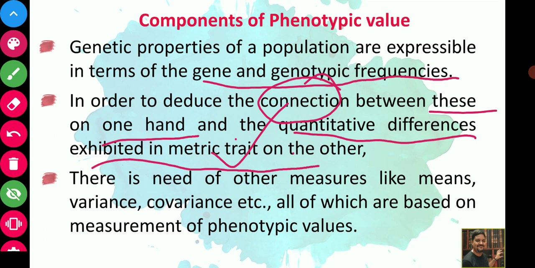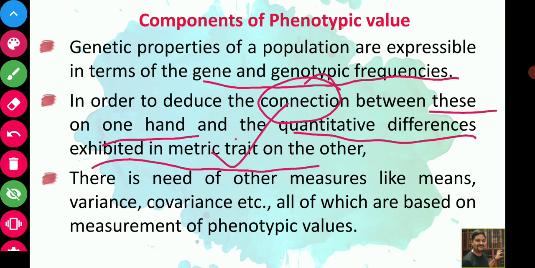On the other hand, you have phenotypic difference or quantitative difference in the trait. So now you want to associate the genotypic frequency with the phenotypic value of that trait. So for that you have to know about the phenotypic value.